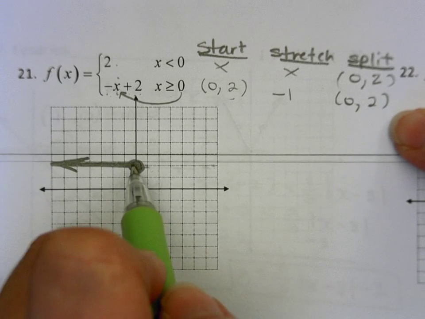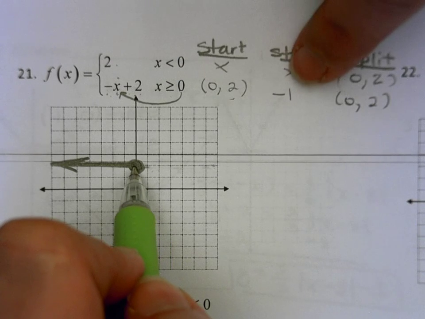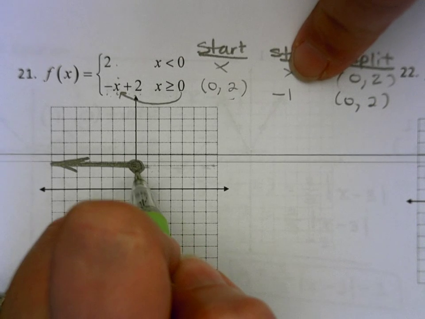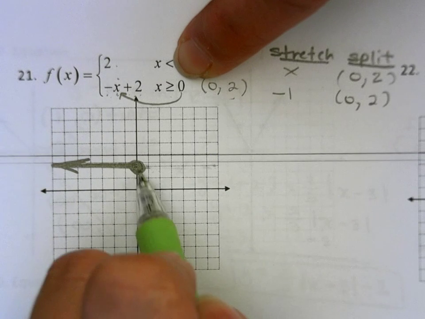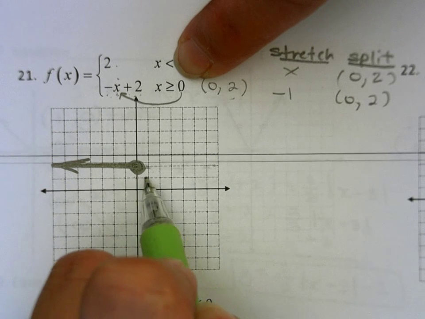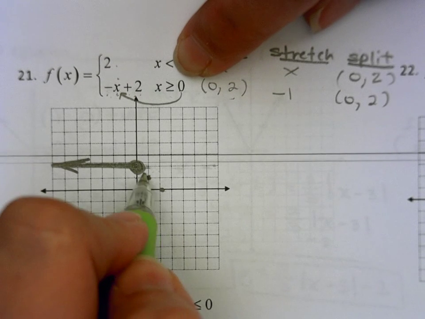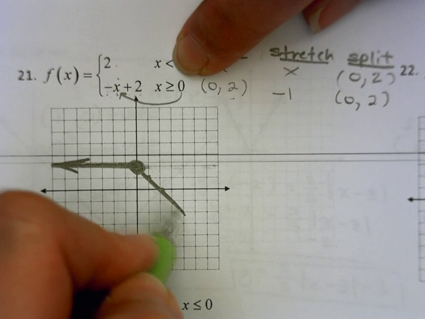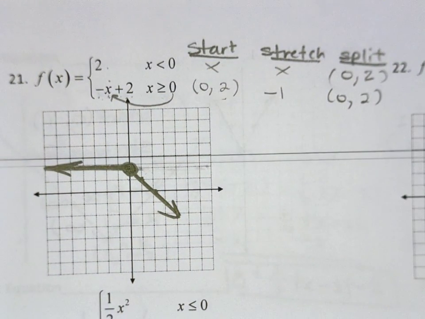And then now I need to graph. So this is just a line with a slope of -1. So that means I need to go this way because it's greater than. So I'm going to go down 1, over 1, and one more time down 1, over 1, and then just draw that in. Okay, let's do the next one.